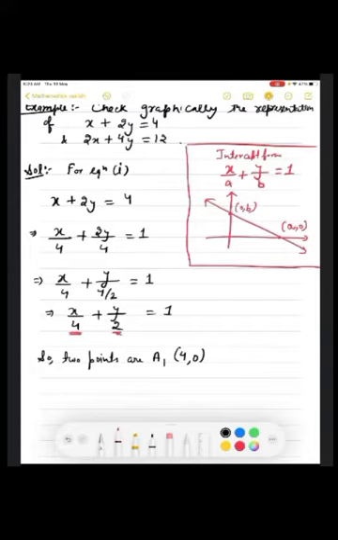So another point will be b1 which is 0,2. Agree everyone? These are the 2 points which will help us in plotting the graph. Agreed? What happens when x is 0 and what will happen when y is 0? So this type of points will help us to plot the graph easily.